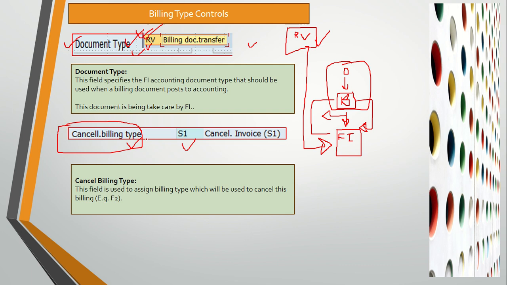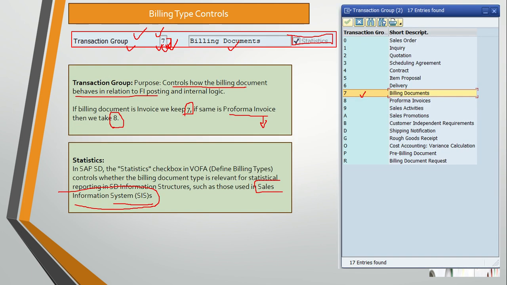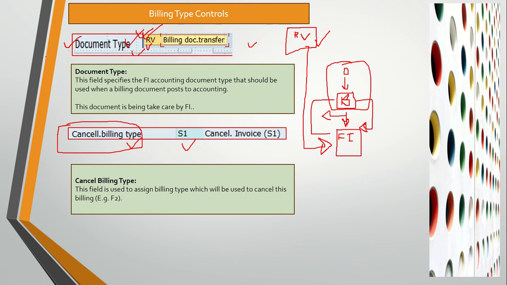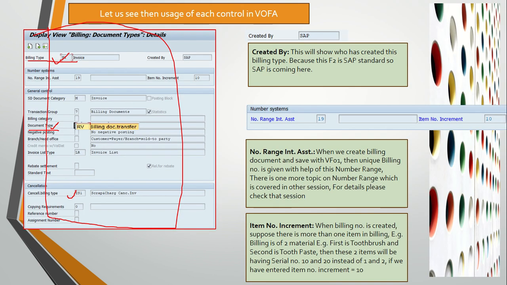Like F2 is created here, this is all F2 billing type control, right? In the same way you have to create the S1 billing document type also, but the difference is that this is the cancellation billing document type. In F2 the SD document category is M, but in S1 the document category will be N. This is one of the difference points you can see.